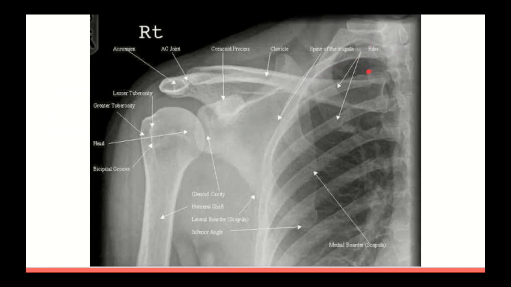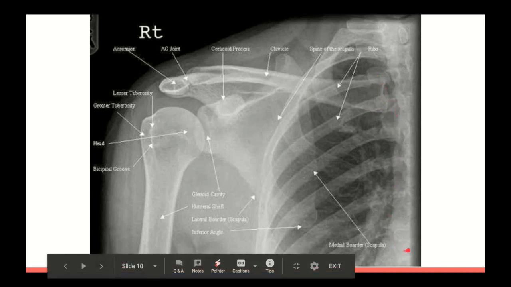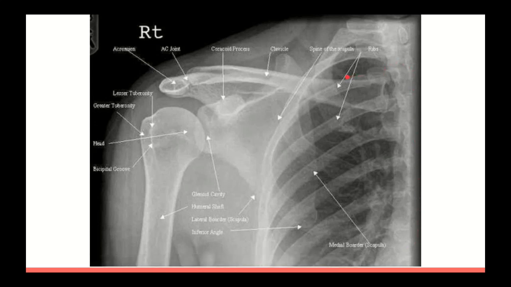So you can see I'm outlining the clavicle right now, coming in, so the sternal end of the clavicle associated with the sternum coming right down here through the midline of the body. Next is the acromion process, or the acromial end of the clavicle.